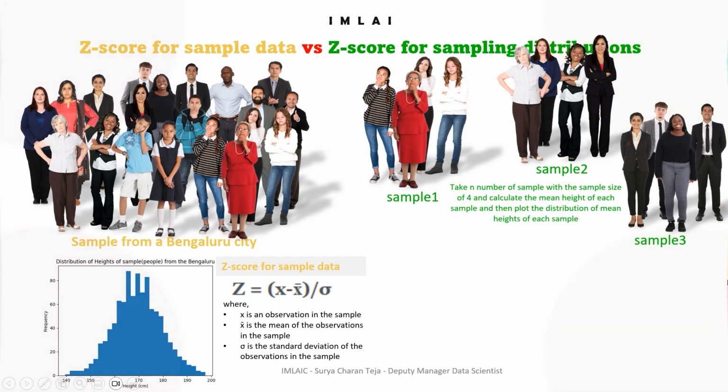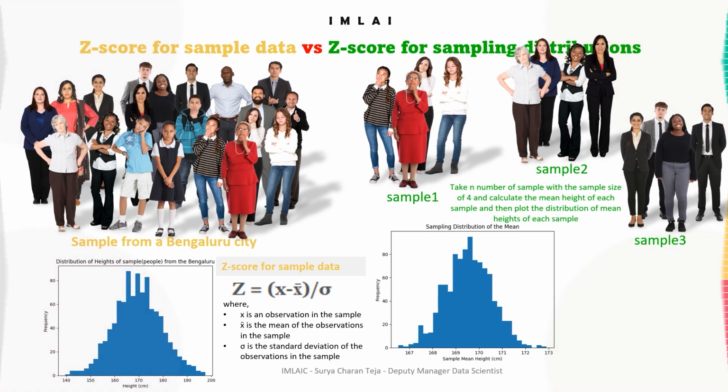Then if I distribute these mean heights of each sample, that is what is called the sampling distribution of the mean.